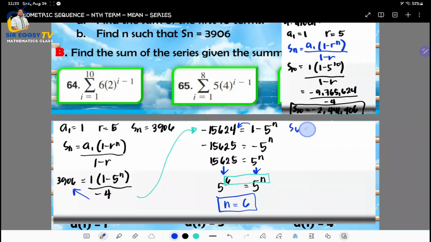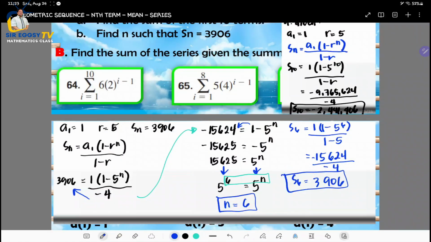So let's have S sub 6, which is equal to a sub 1, which is 1, times 1 minus 5 raised to 6 divided by 1 minus 5, and this is equal to 1 minus 5 raised to 6, which is 15,624, and this will be divided by negative 4, which is equal to 3906, which is the value of S sub n.